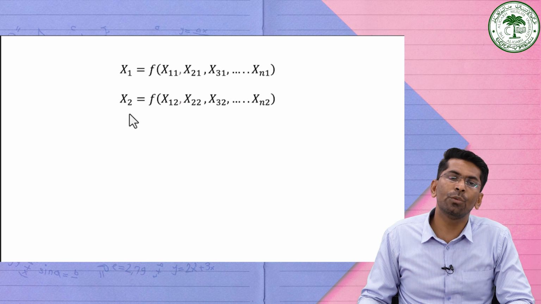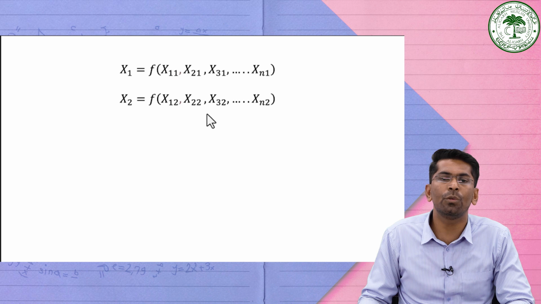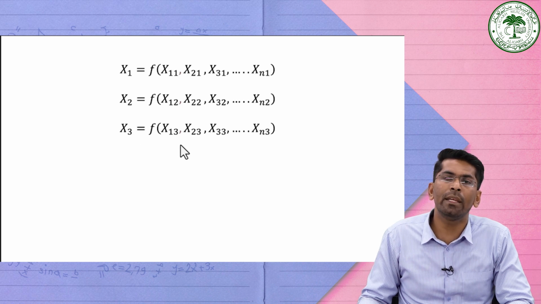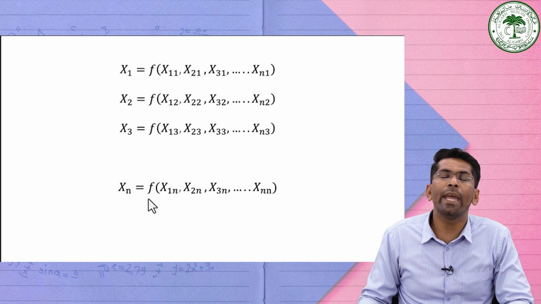Similarly, we have X2, which is a function of X12, X22, X32 up to Xn2. That means X2, the output of the second industry or sector, is a function of X12, X22, X32 up to Xn2. Similarly, the third industry's output is a function of X13, X23, X33 up to Xn3, and we can extend this up to n industries.